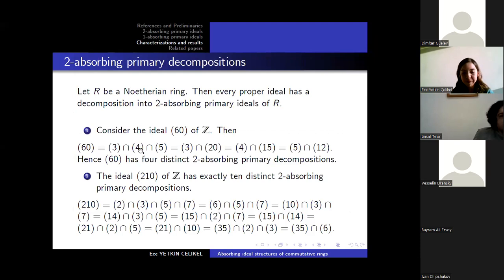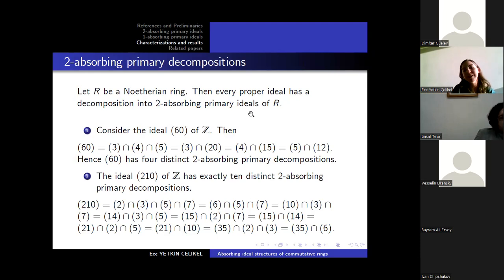Now, you know, if the ring is Noetherian, then we have a primary decomposition in it. Every non-zero proper ideal has a primary decomposition. We know all primary ideals are two absorbing primary, so every proper ideal has a decomposition into two absorbing primary ideals.